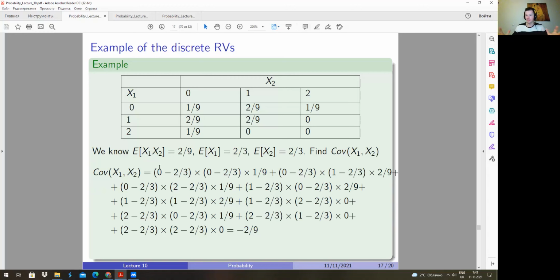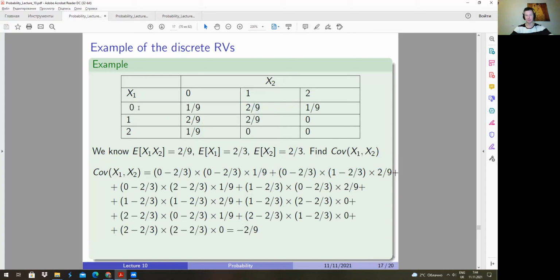Look, the logic is very simple. I'm taking each pair of x1 and x2, those are 9 pairs, right? And for each pair, I do the following. I take x1 = 0, minus the expectation of x1, minus 2 over 3. Then I take x2 = 0, minus the expectation of x2, 2 over 3. And I multiply by the probability, 1 over 9. Then I do the next pair, like x1 = 0, x2 = 1. So 0 minus 2 over 3, 1 minus 2 over 3, multiplied by their joint probability, 2 over 9.